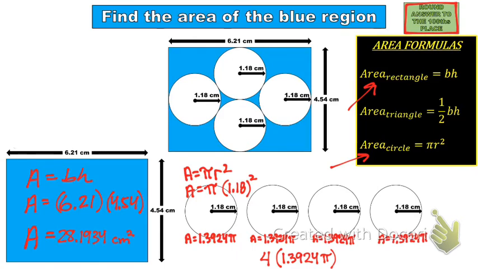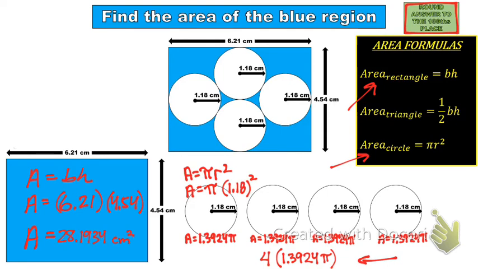Since each circle has an area of 1.3924 pi, I took every circle and underneath it, notice it has the area of that one circle, but in order to type it in my calculator more easily, I took 1.3924 pi, and down here I showed what it would look like if you multiplied that by 4. And that's what I'm going to type into my calculator.